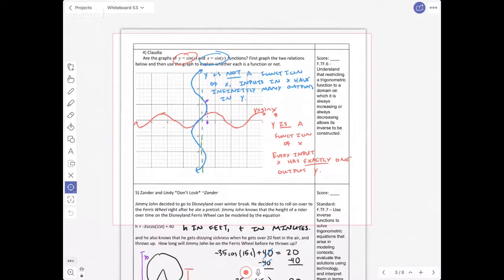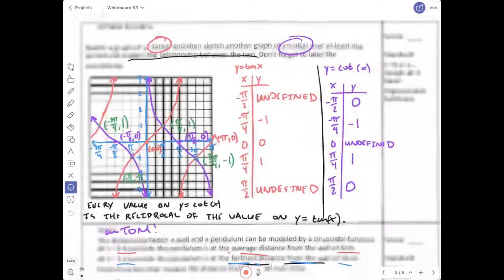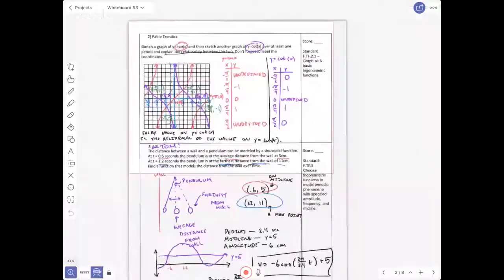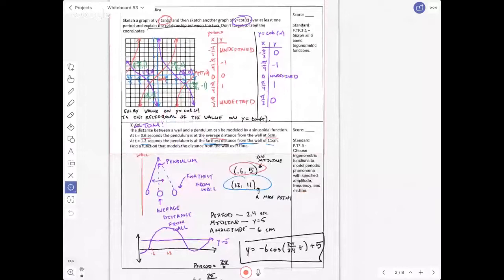This one is going to be about the domains of the trig functions. This one, you've done a lot of practice with these. Choose trig functions to model situations. Graph all 6 is pretty basic. And then the unit circle.